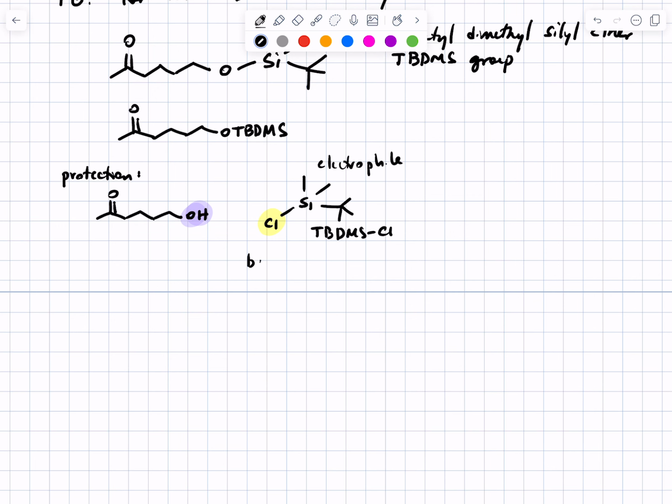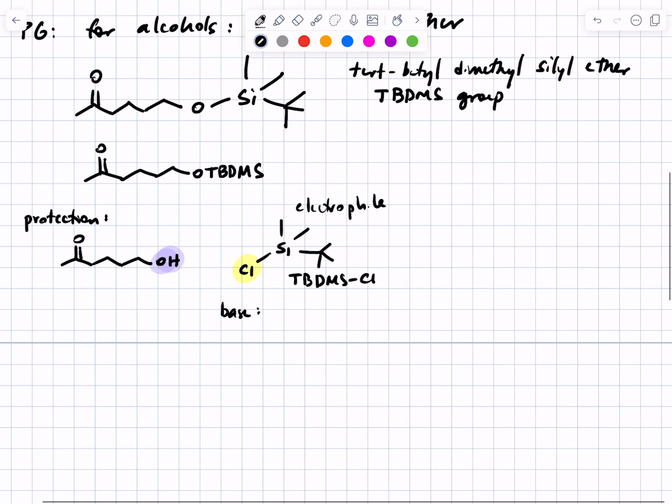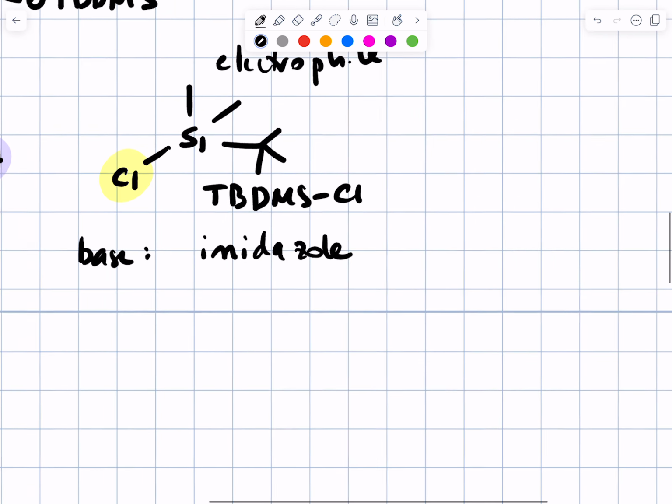We're also going to need a base, and the purpose of the base is just to take care of the proton on the alcohol, because in the tert-butyl dimethyl silyl ether, the proton is gone. The base of choice is a very mild non-nucleophilic base. It's called imidazole. It looks like this.